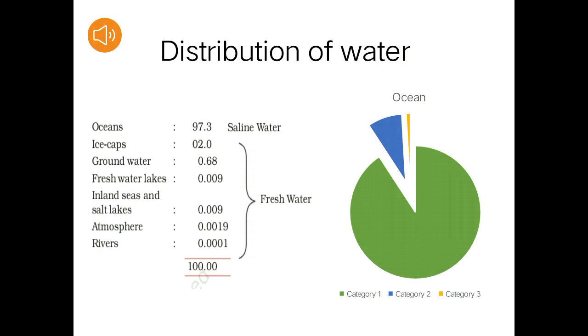How is it possible when there is a lot of water on our earth? Then how can there be scarcity of water? Let's understand it with the distribution of water on the earth's surface.